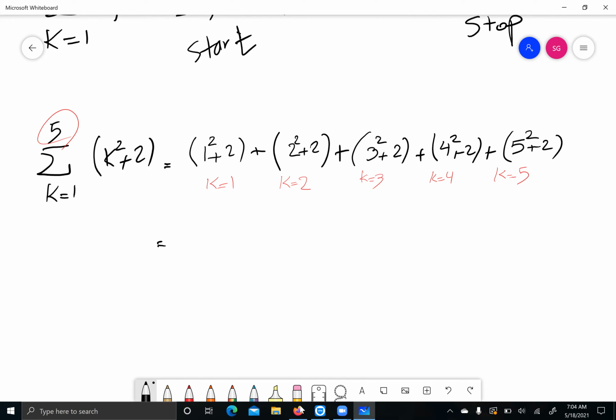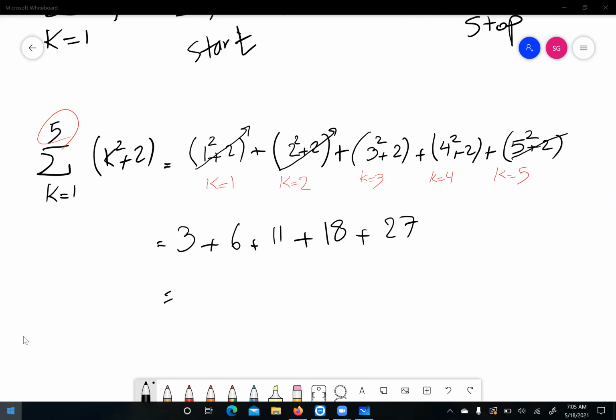Okay, so this is a summation. We need to add these values. So let's simplify it. This is going to be 3. 2 squared, 4 plus 2 is 6. 9 plus 2, 11. 16 plus 2, 18. And the last one, 27. And then you add these values.